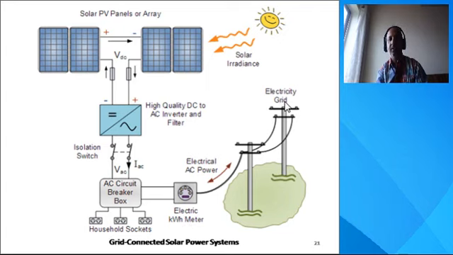The power is fed to the electric grid. In this type of system, no battery is provided. There is no requirement of a battery. One drawback of this type of system is that whenever the grid supply is off, the home or household supply also gets turned off.